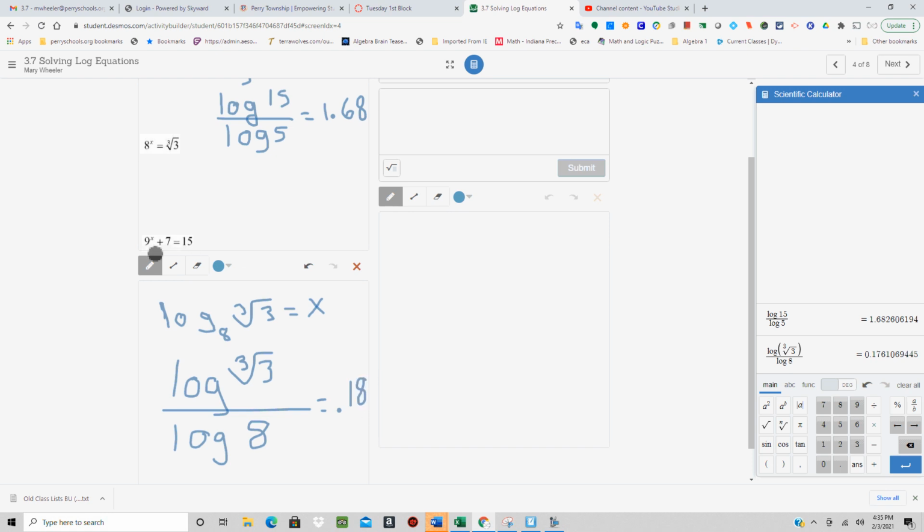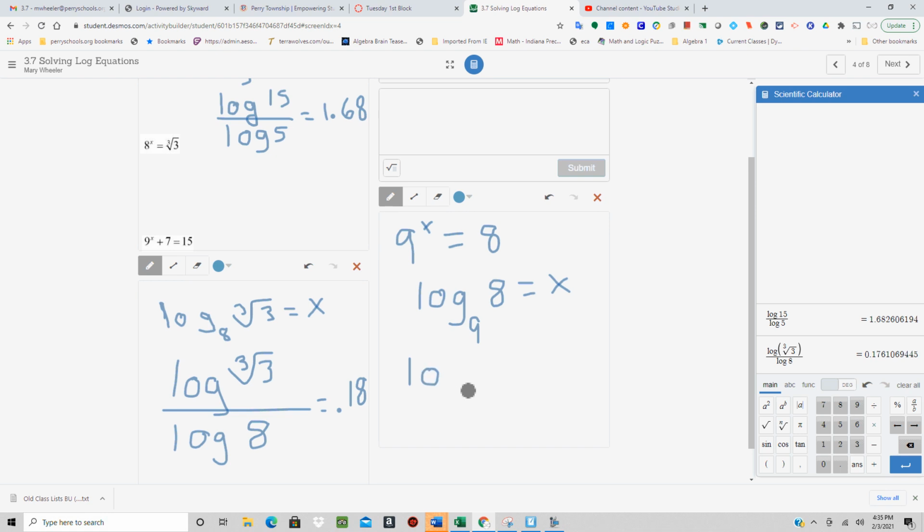And on the last one, 9 to the x plus 7 equals 15. I'm going to have to subtract 7 from both sides. I get 9 to the x equals 8. Rewrite that as log base 9 of 8 equals x.